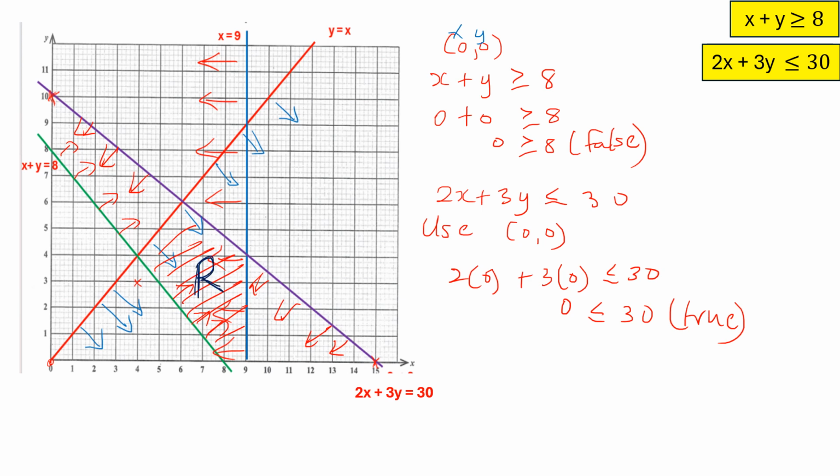Okay, and we're going to get some points. There's a point here, a point here, a point here, a point here, a point here, and a point here. So let's get those coordinates. So we have 4, 4, 6, 6. Okay, this is 6, 6, 4, 4. Then we have 8, 0.